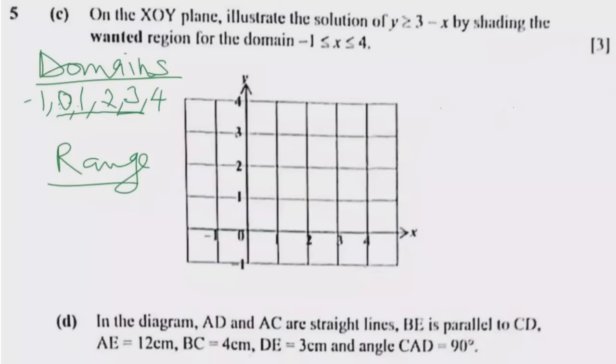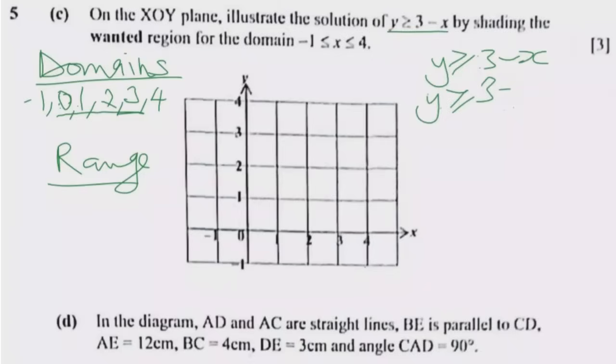Now we come up with the function, the inequality that is given, which is y is greater or equal to 3 minus x. So I'm going to say y is greater or equal to 3 minus, then -1 where there is x.